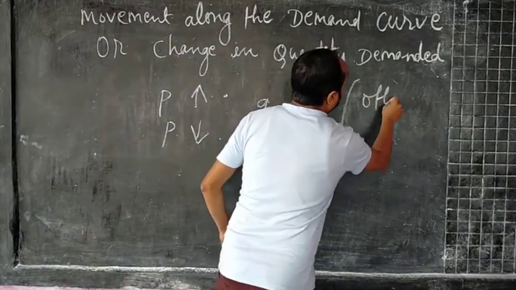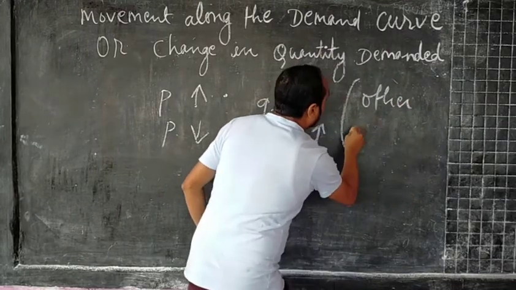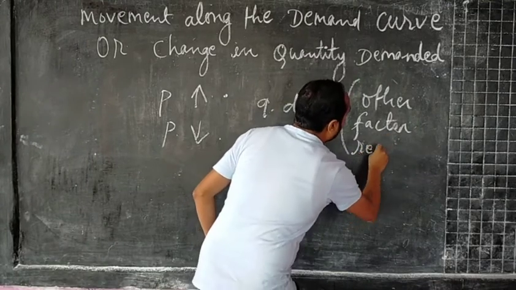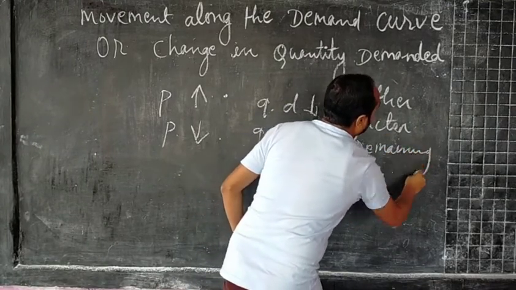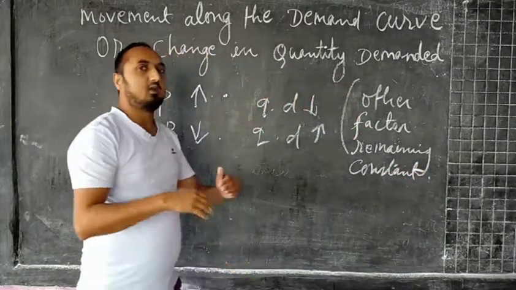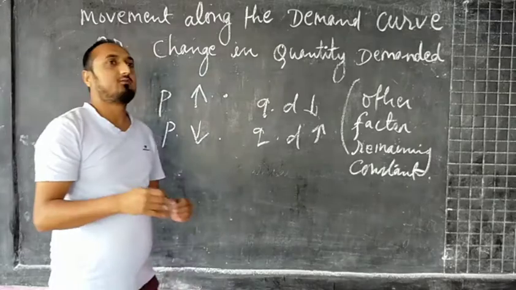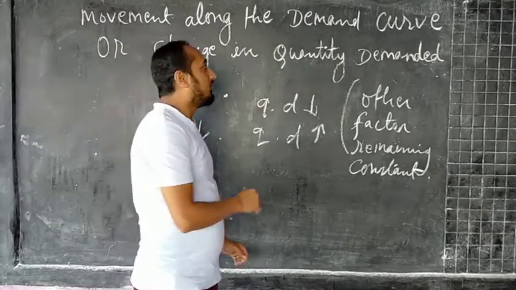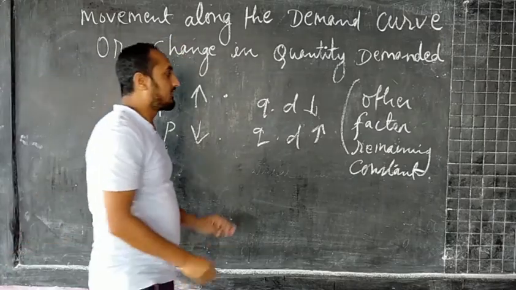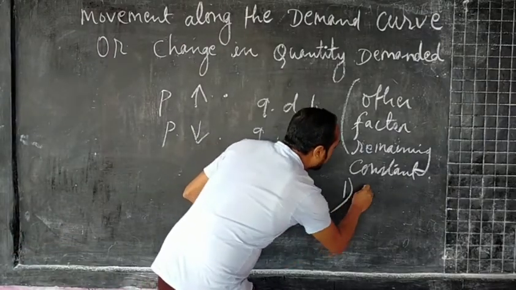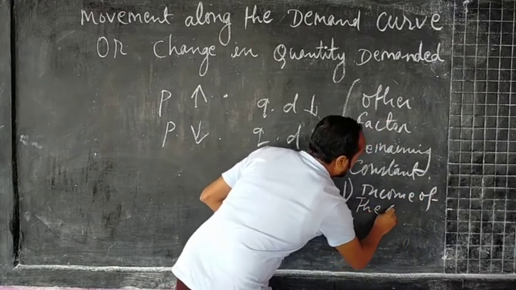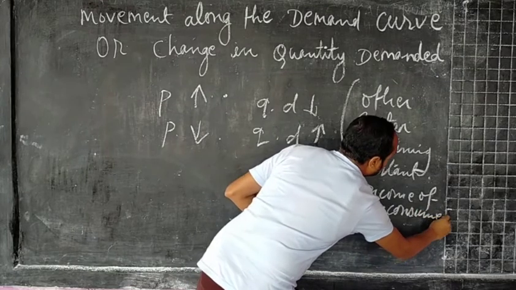But other factors remaining constant. As I have already defined, these are the factors that remain constant while defining the change in quantity demanded or movement along the demand curve. Number one, income of the consumer.